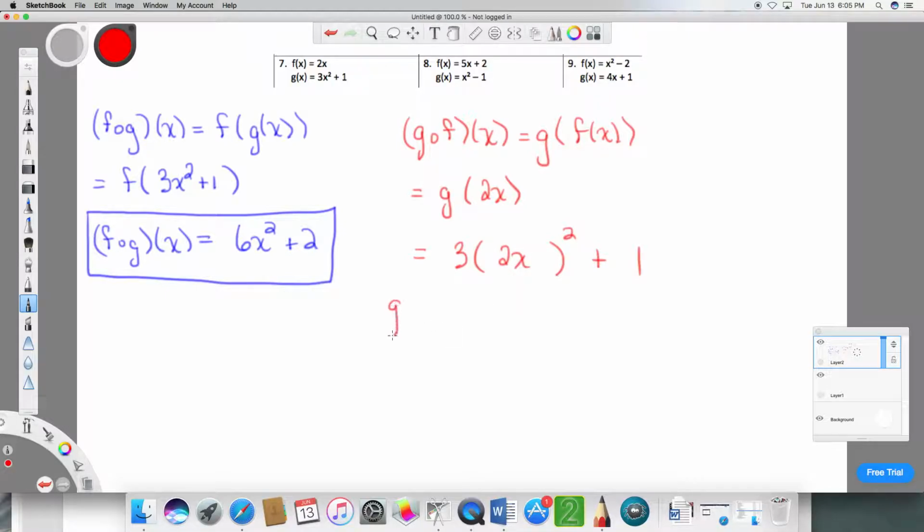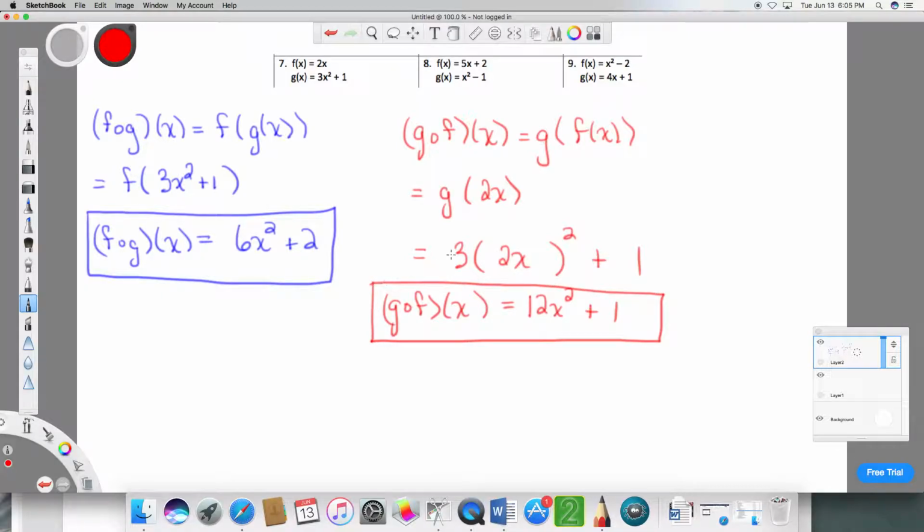For our final answer, 3 times 2x squared, well, 2x quantity squared is 4x squared, and 3 times that is 12x squared, and then don't forget the plus 1. So there's the two answers for number 7.